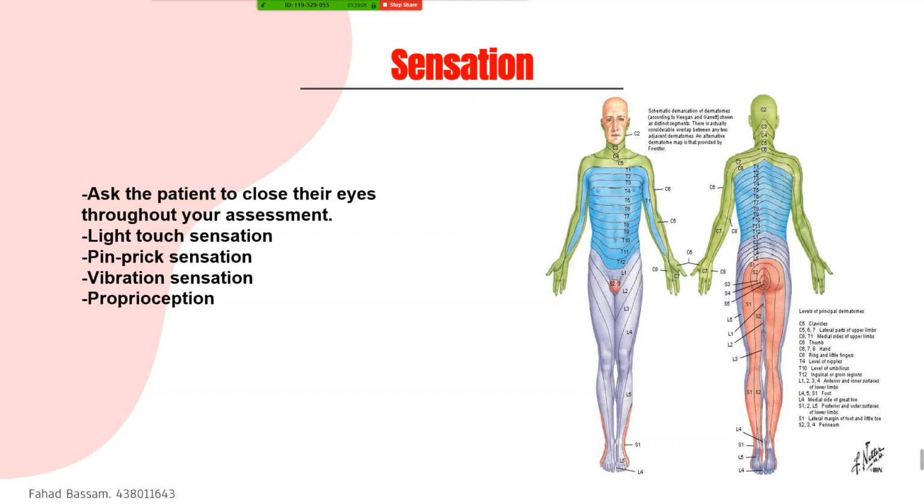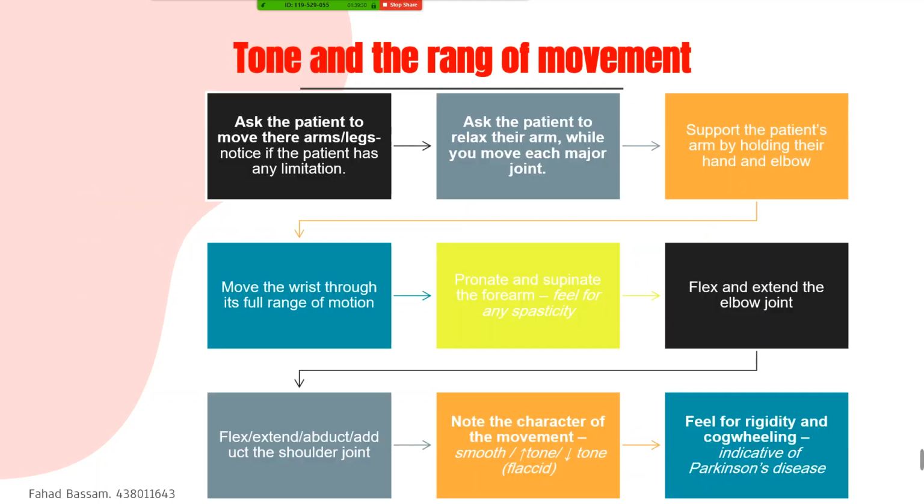Lastly, we have proprioception, like my colleague mentioned, which gives us a sense of self-movement and body location, and can tell us whether the patient has good balance, or even if he can control himself and his location.